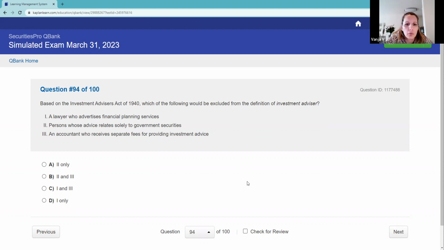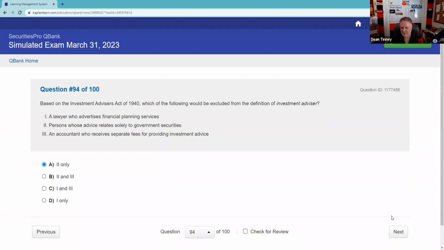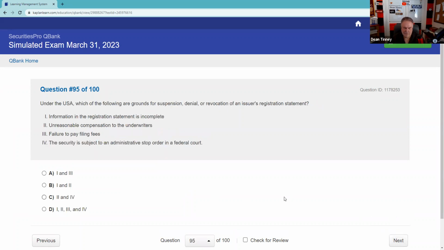So it says, which of the following would be excluded? A lawyer advertising financial planning, he's got to get paid. So he's not it. He is an investment advisor. An accountant, it's not incidental. He provided for fees. So 2 only. I mean, man, A. That is awesome, man. That's when you're on, you are on. That was perfect.